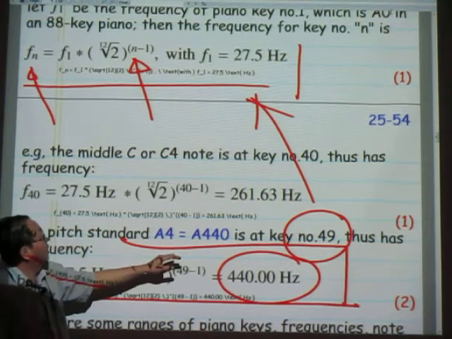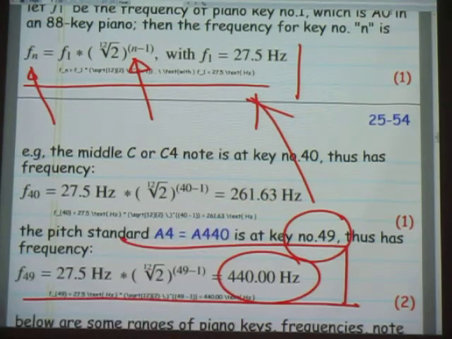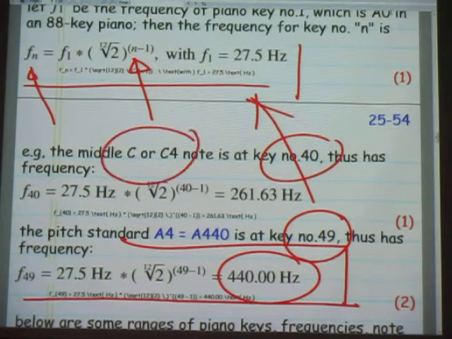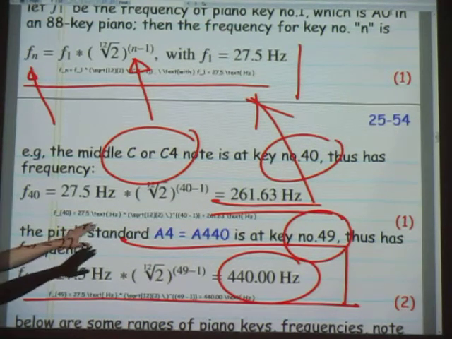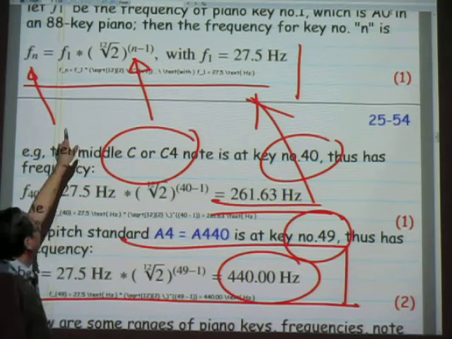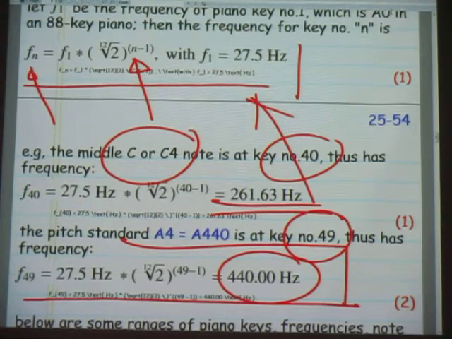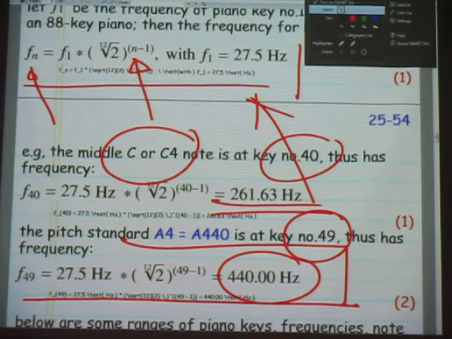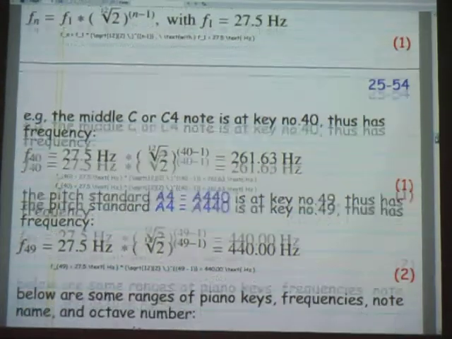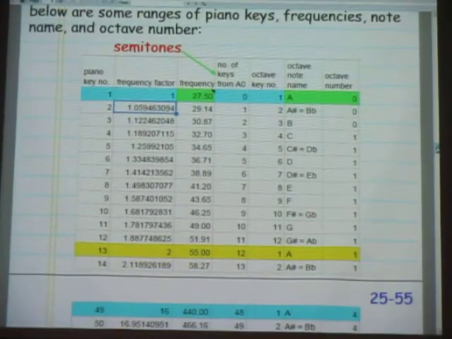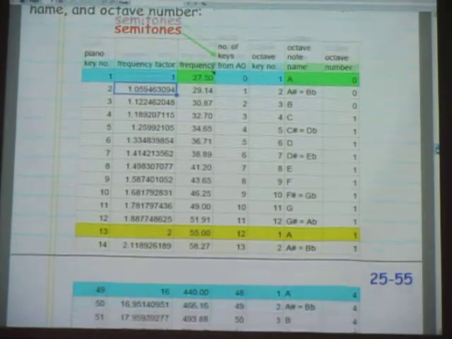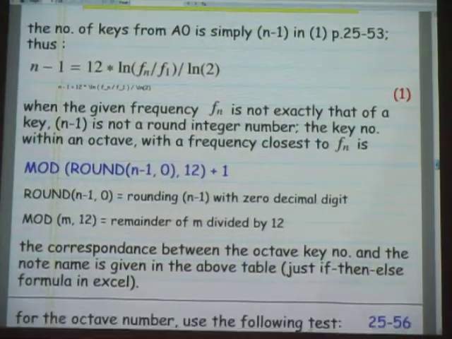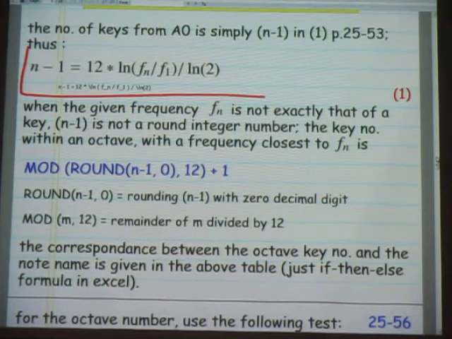That's a pitch standard. Whereas key number 40 corresponds to the middle C or the note C4, and the frequency is 261 Hertz or 262 Hertz. Okay, just by using that formula. But for music note detection, we want to use the inverse. Okay, so I already mentioned to you that by just taking the logarithm, you can obtain this formula, right?